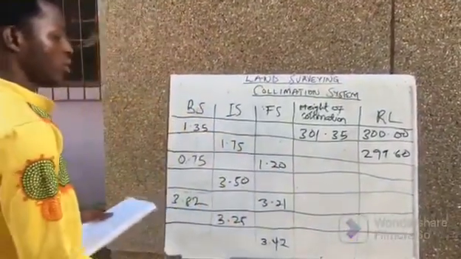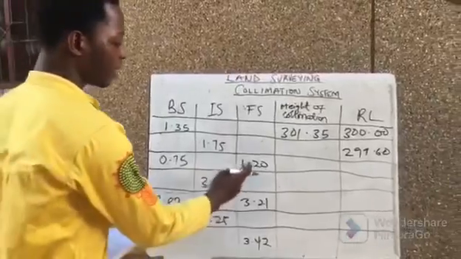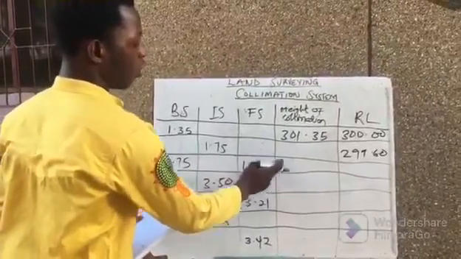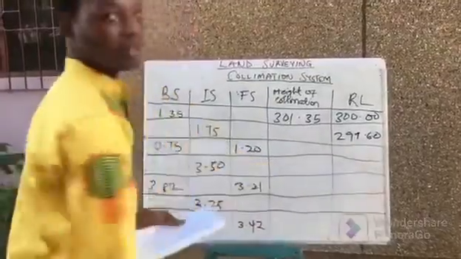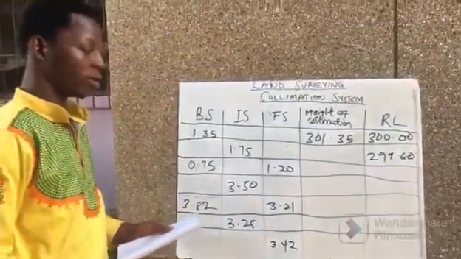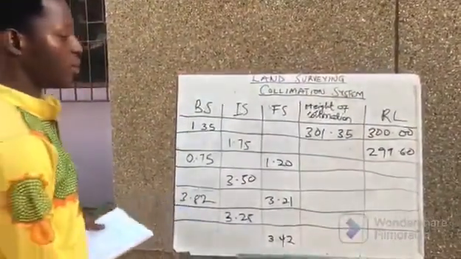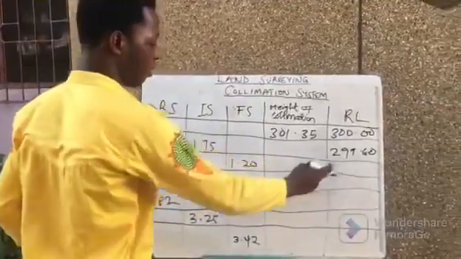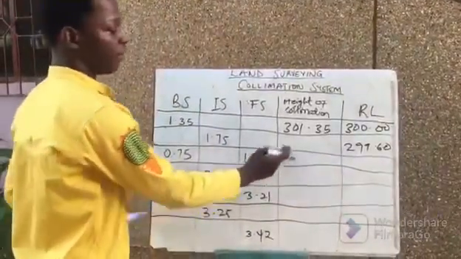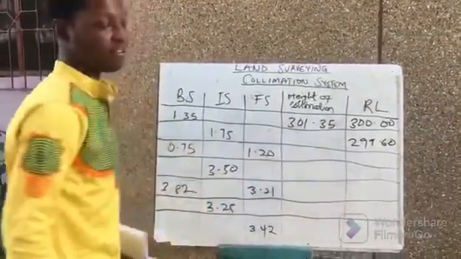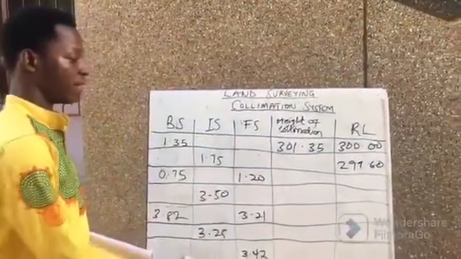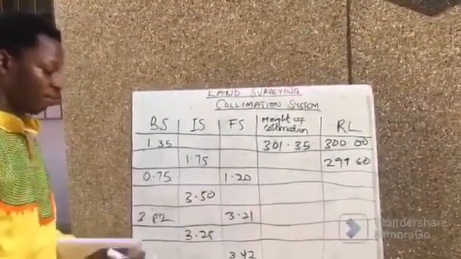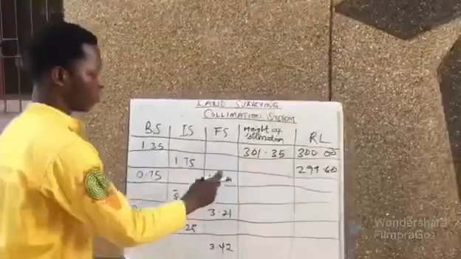With the next one, I will subtract 1.20 from 301.35 to get the next reduced level.